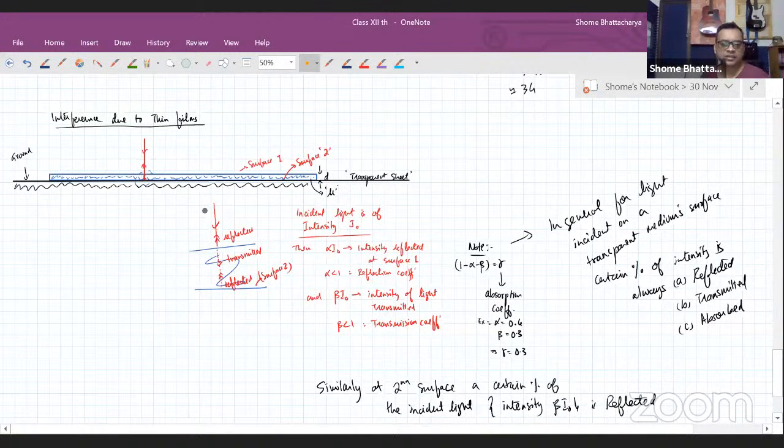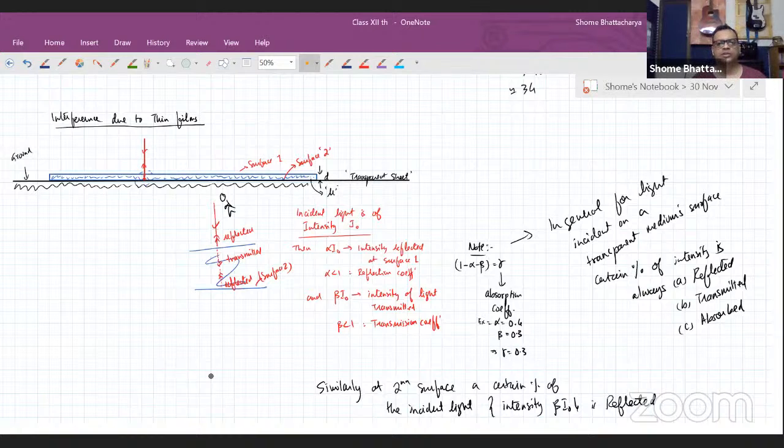So finally you can see that for an observer who is seeing from here, there is light coming back, partly reflected at surface 1 and partly reflected at surface 2. And between those two beams of light there is a path difference, which is actually an optical path difference, because the light reflected from the second surface has traveled an extra distance of 2d, twice the thickness, but in the refractive medium of mu. So the optical path difference is 2 times mu d. So that creates phase difference.